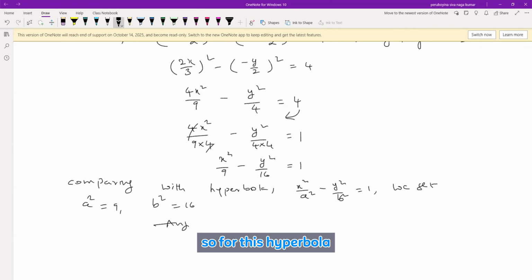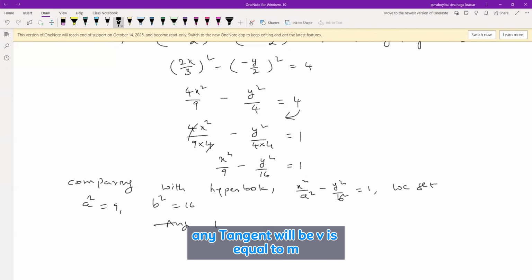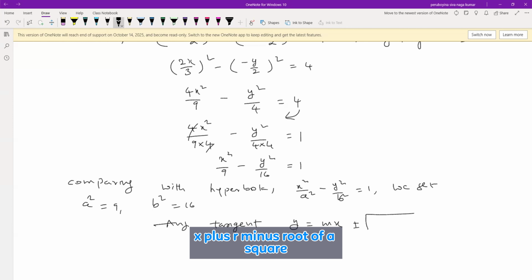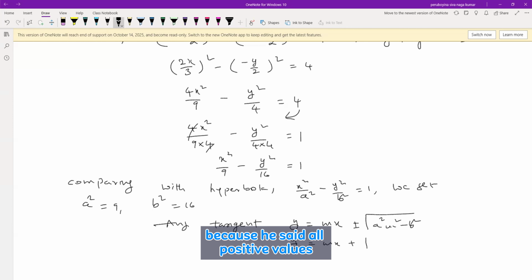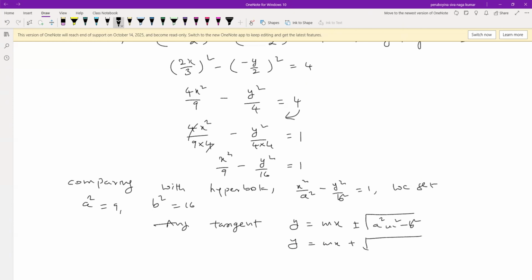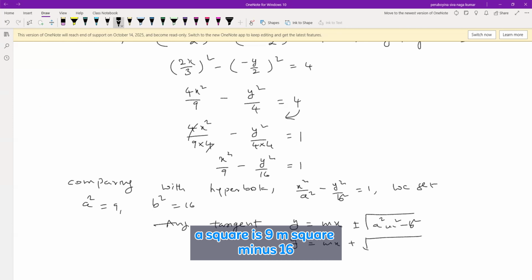So for this hyperbola, any tangent will be y equals mx plus or minus root of a square m square minus b square. We will consider plus because we are given positive values. a square is 9, so root of 9 m square minus 16.